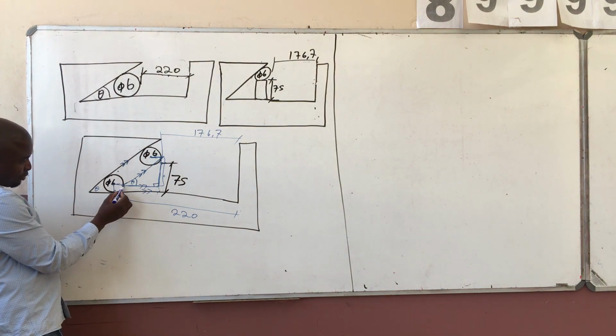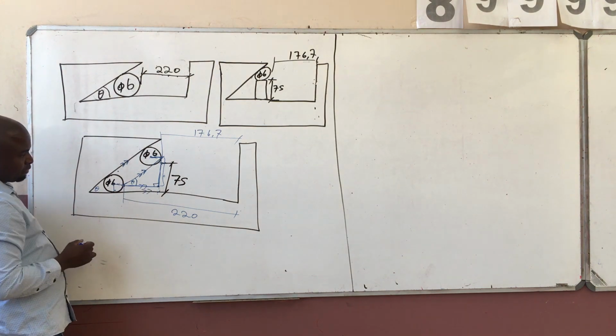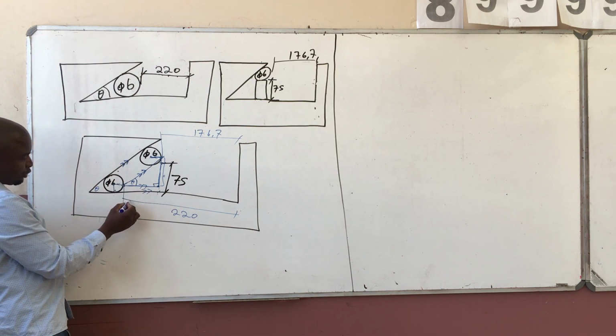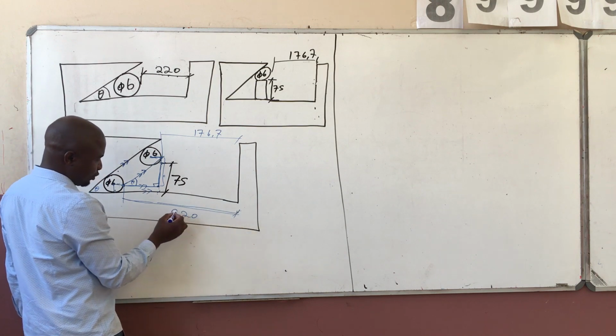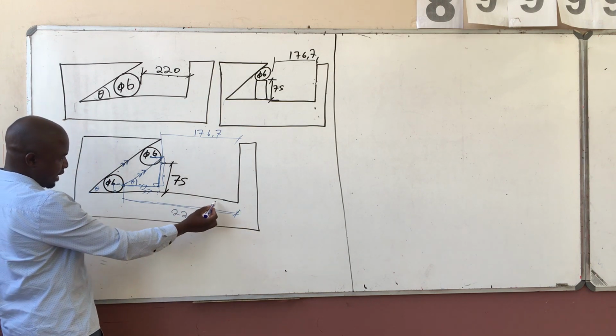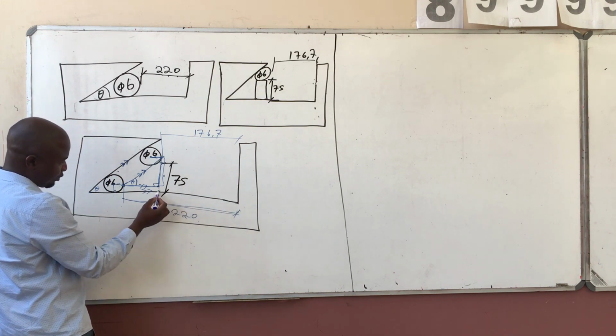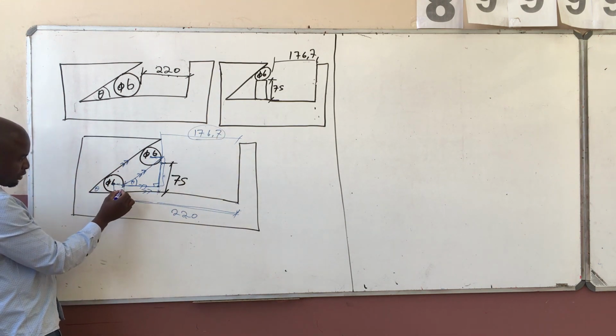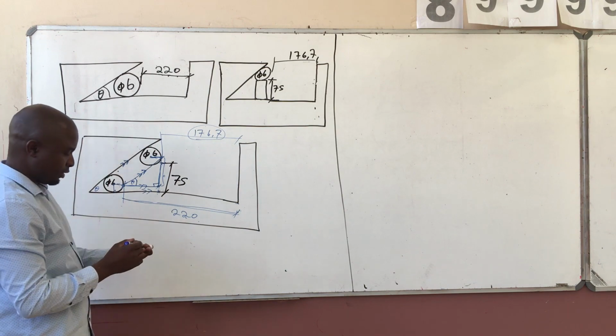So the distance from here to there will be the total distance, which is 220, minus this distance from there to here. Therefore, I will get that distance.